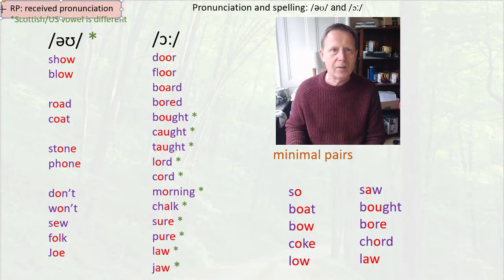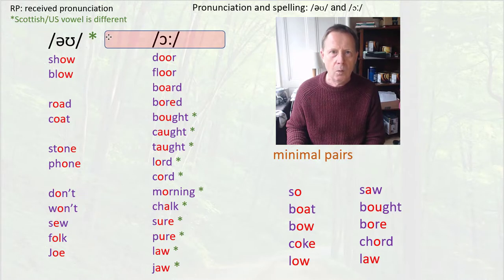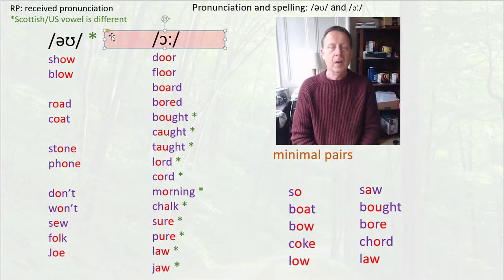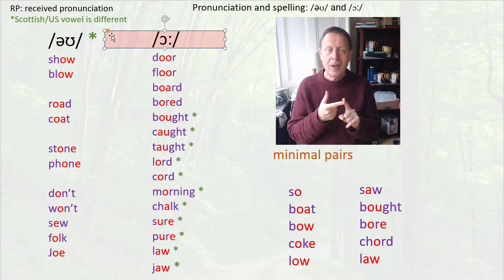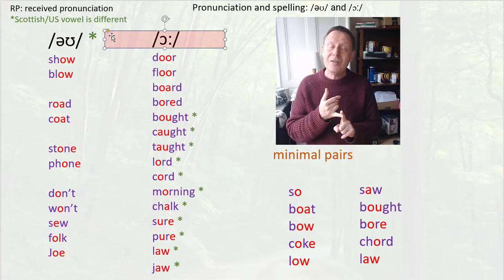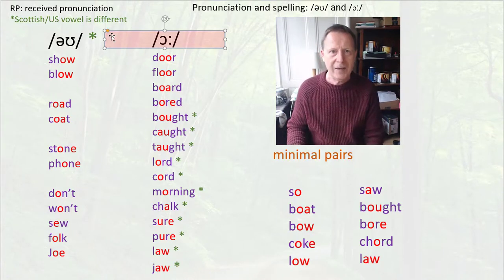Now let's look at these two sounds, for example. O and O. Now these are RP pronunciations. It's important to remember that we have Scottish pronunciation, US pronunciation, Irish pronunciation, Australian pronunciation, New Zealand pronunciation, and these are different from RP.